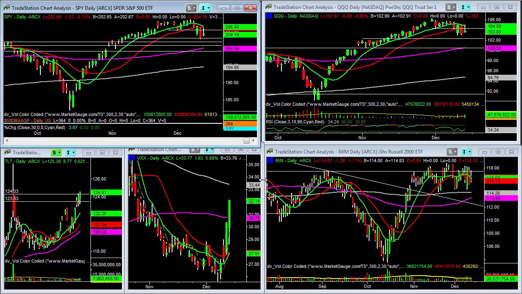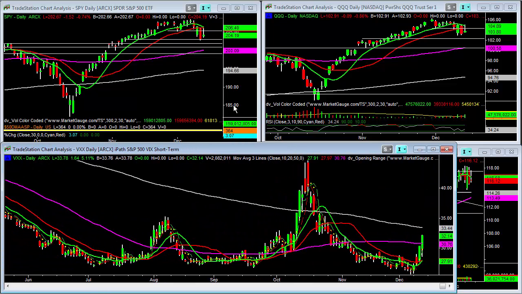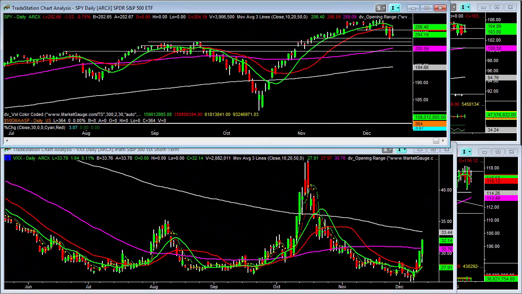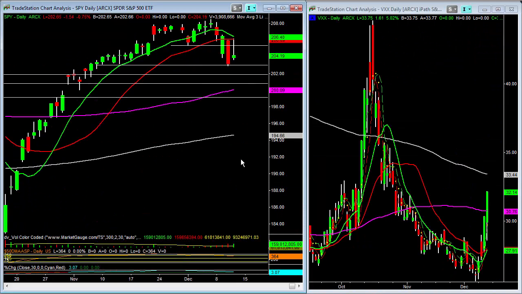So if we take a look, I want to compare and contrast the VIX here to the SPYs, right? Without a full lesson on the VIX, it is going to tend to go up when the SPYs go down.